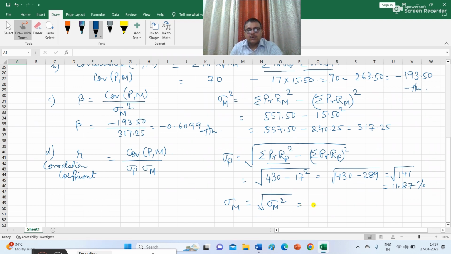And we have already calculated the variance at 317.25, and the square root of which is 17.81%. So our correlation coefficient is equal to minus 193.50 divided by 11.87 and 17.81. So this is equal to minus 0.915.